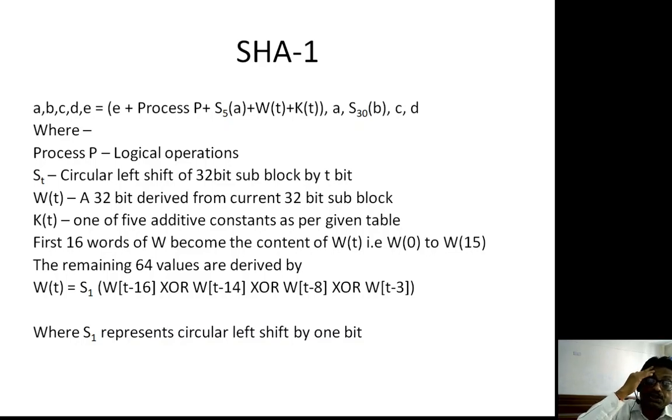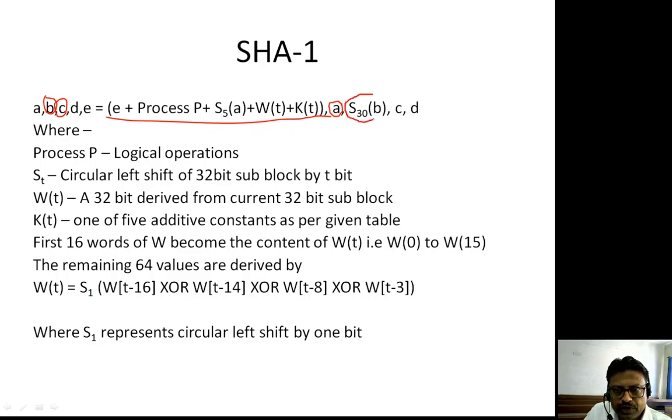So this is the formulation which has been done with the process: what will be the new values of A, B, C, D, E. This is the new value of A. The new value of B is the old value of A. The new value of C will be the old value of B shifted 30 bits left.